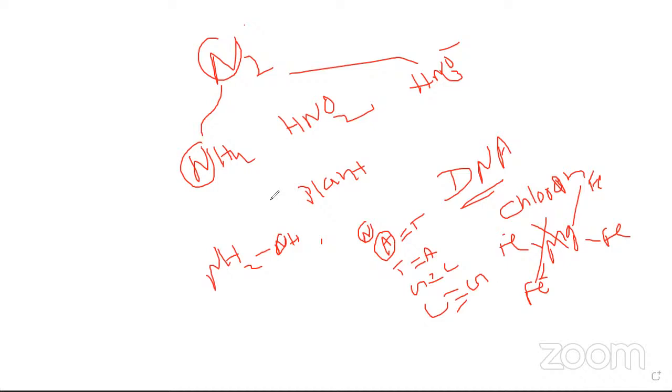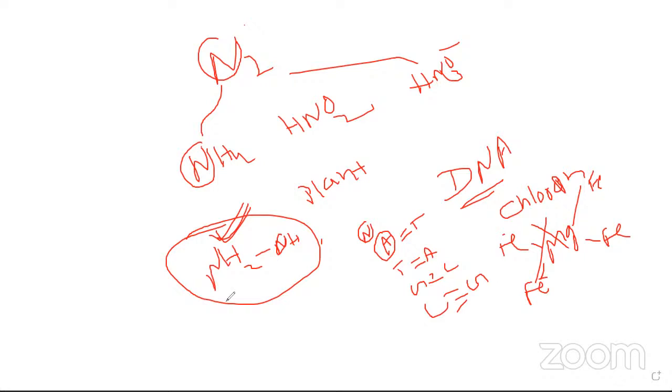Any organism needs proteins for growth. If there is no amino acid, no protein, there is no growth of the plant. So that is the deficiency character. And another one is, just wait. Almost similar deficiency characters.